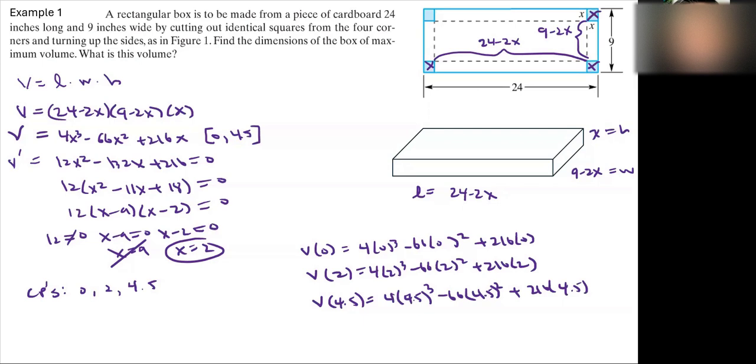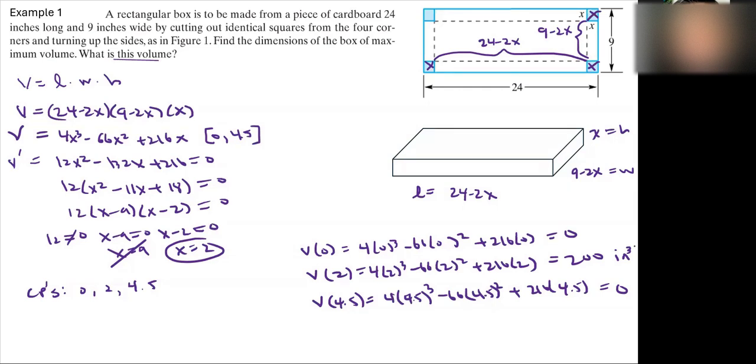When we put this in the calculator, we get 0 for V of 0, and for 4.5 we also get 0. However, for V of 2, we get 200 cubic inches.